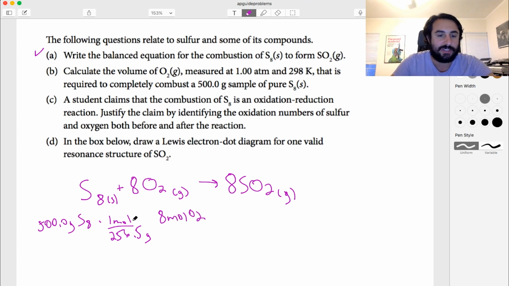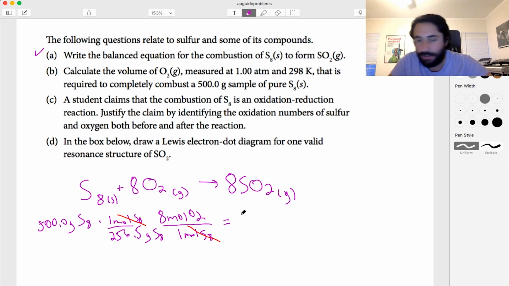This is 1 mole S8, and this is grams of S8. And so we're going to multiply that by 8 moles of O2 over 1 mole of S8, right? Because we want moles of S8 to cancel like that, right? It's an 8-to-1 ratio.